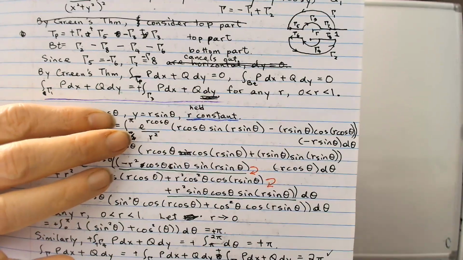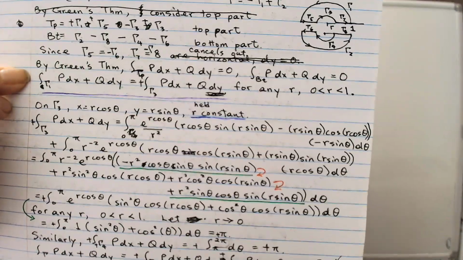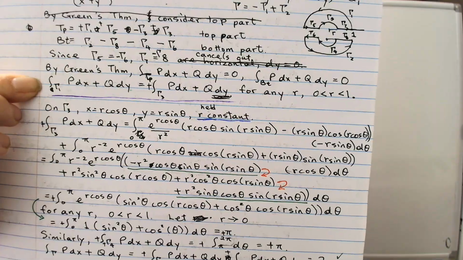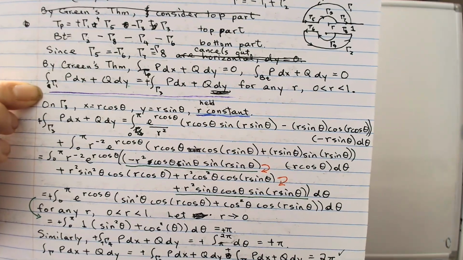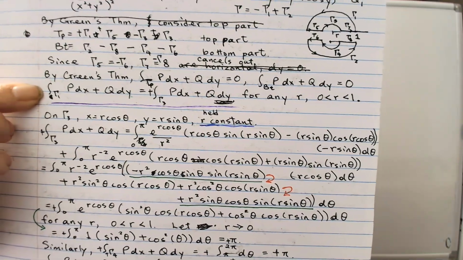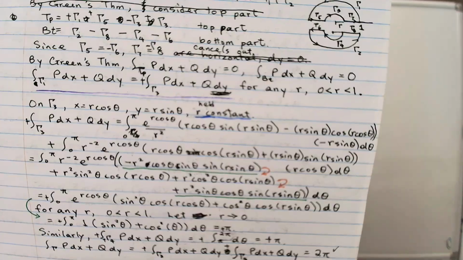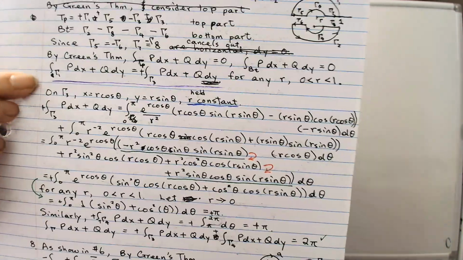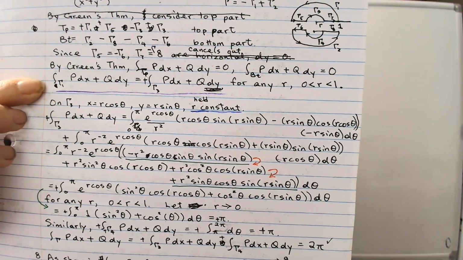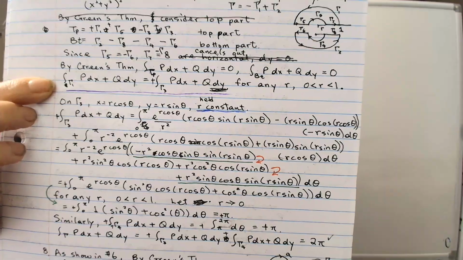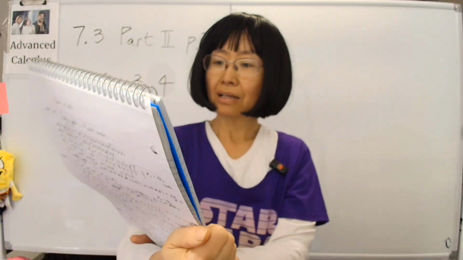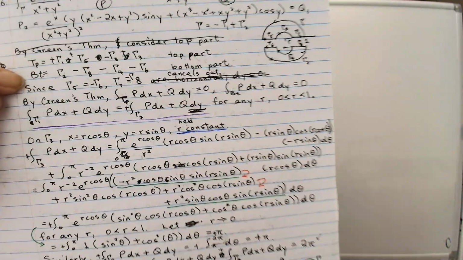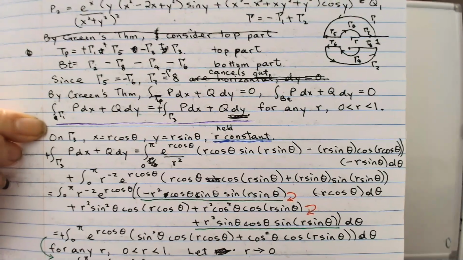By Green's theorem, when you add up these two things equal to 0, eventually you'll get that the integral on gamma 1 equals the integral on gamma 3. Pay attention to what gamma 1 and gamma 3 are.